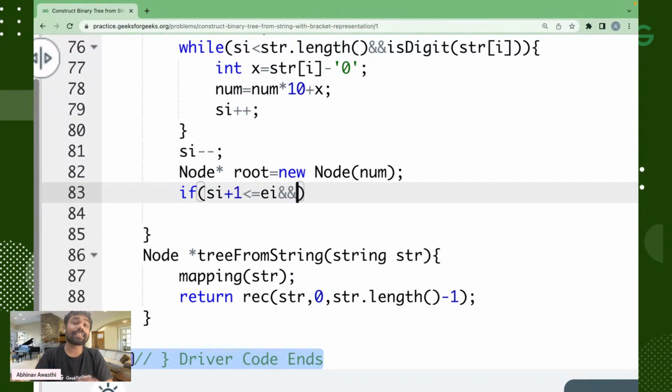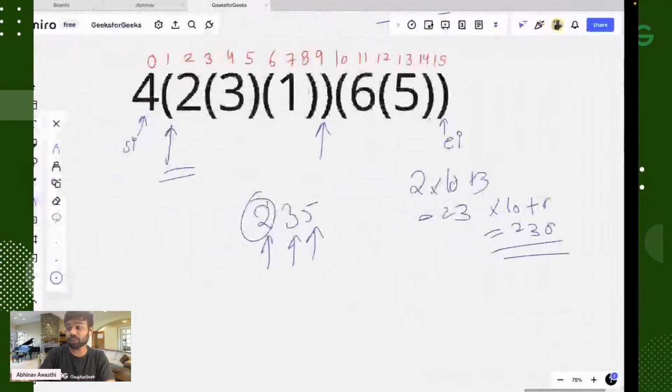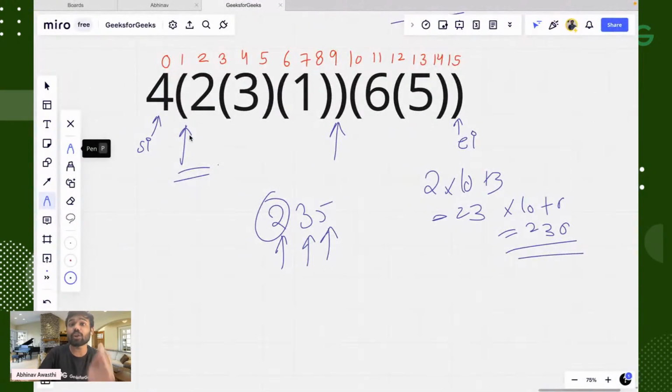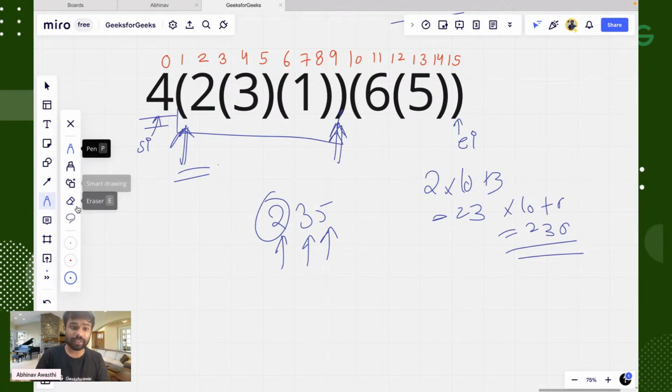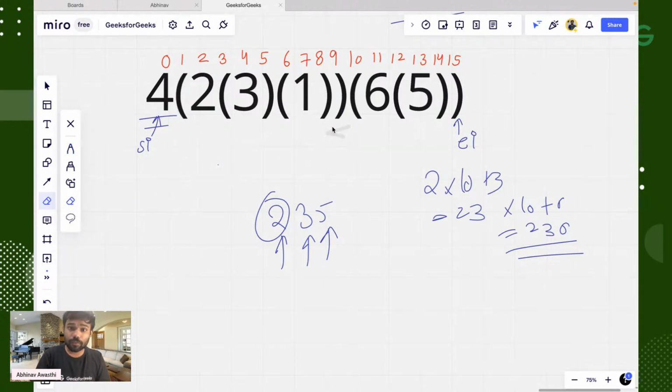Maybe there is no opening bracket after it. So we will check whether si plus 1 is an opening bracket or not. If it is, we know that it will be the opening bracket of the left subtree, because after the root we have the left subtree. So we will find the corresponding closing bracket for it also, and then we will recursively call the same function for this and this.